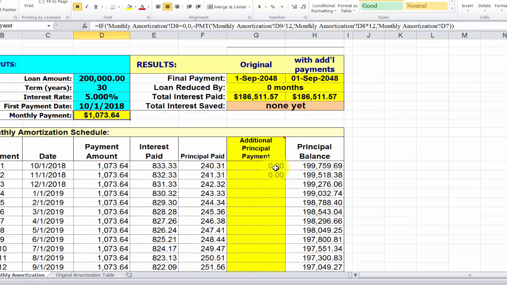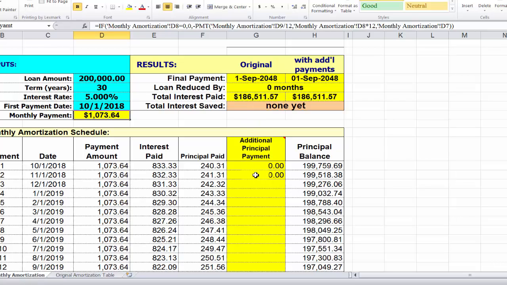Now this column, if you recall, we mentioned that at some point in time you may want to make an additional payment of $100 a month. It could be 25, it could be 50, it could be 100, it could be 200. But we gave you an amount just so you can see what's going on. By making an additional payment, it is going to reduce the number of months, and it's also going to reduce the interest that you're going to pay out.